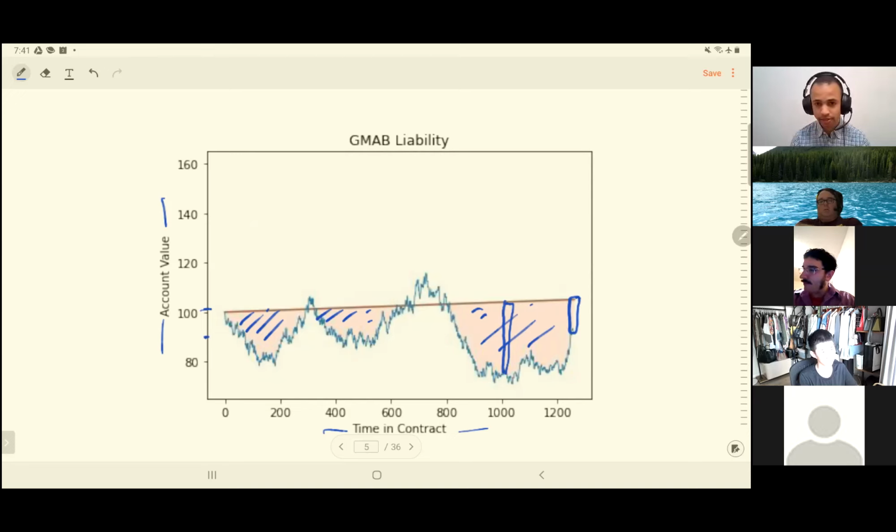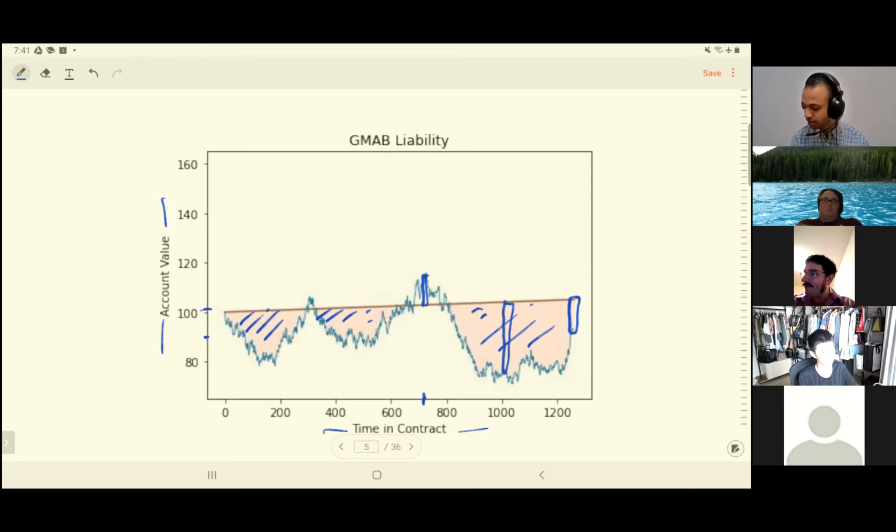On the other hand, had this contract expired at around 700 instead, the account value would be above the basic benefit level. This does not mean that the insurance company receives money from the policyholder. It just means that the insurance company doesn't have to pay anything out, which is about as good as you can hope for in this sort of case.